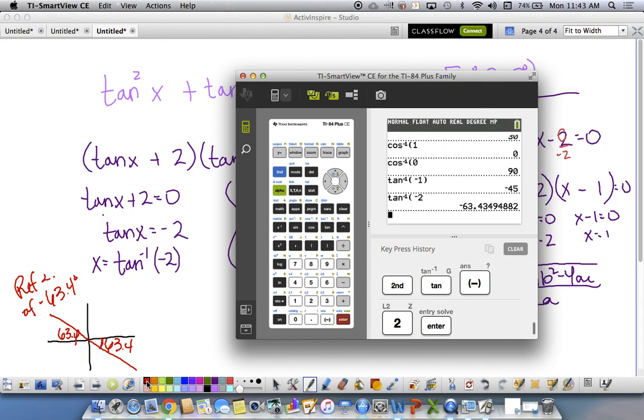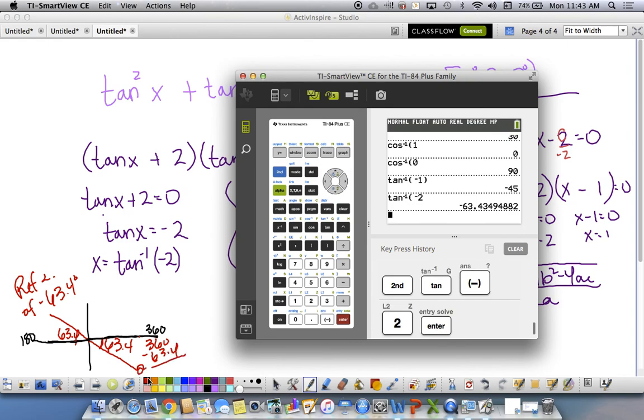So how do we find this angle theta based on this? Remember, we always go to the x-axis, so we're going to look at 360 and 180. Here I'm going 360 minus 63.4. That's going to give me this theta.